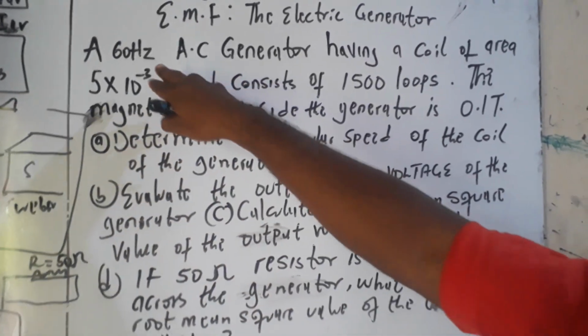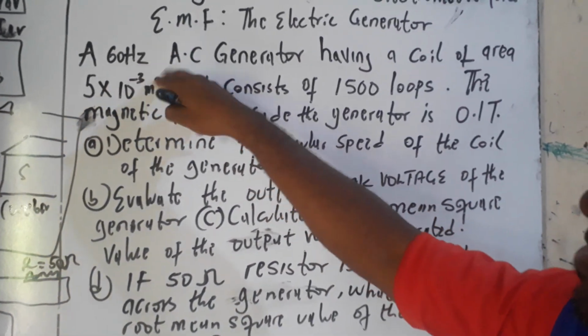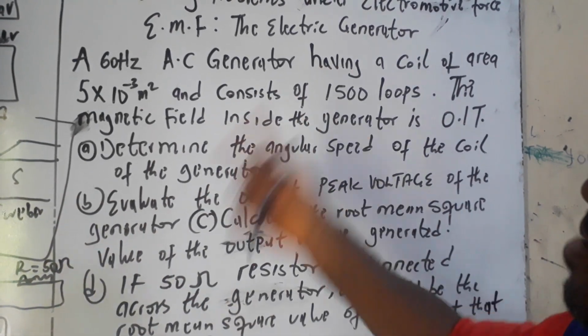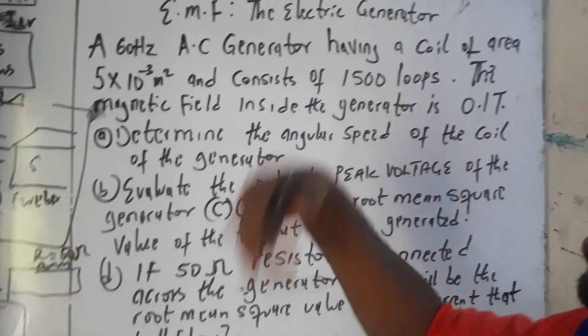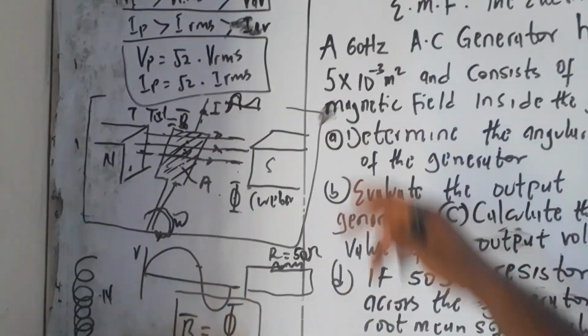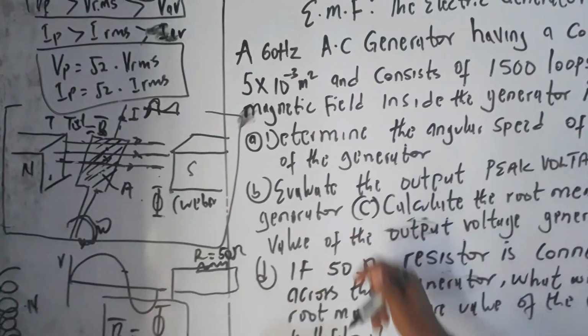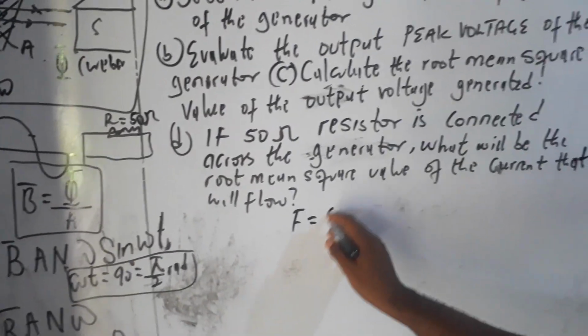The question supplies us with the frequency. The frequency is the number of revolutions, how many times this coil rotates per unit time, and it is measured in Hz. So frequency f is equal to 60 Hz.